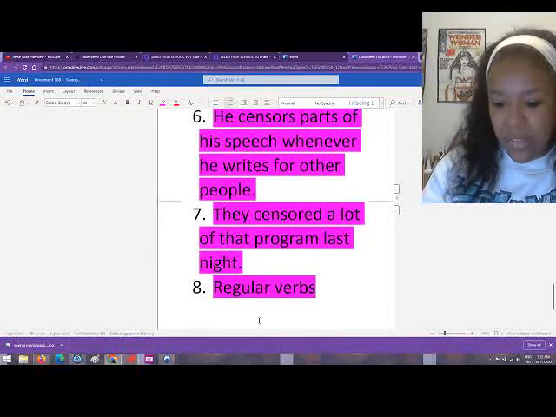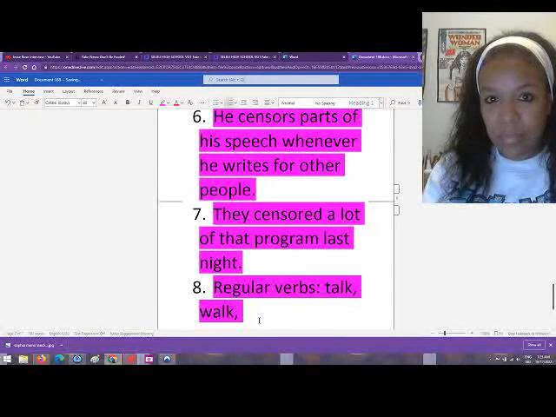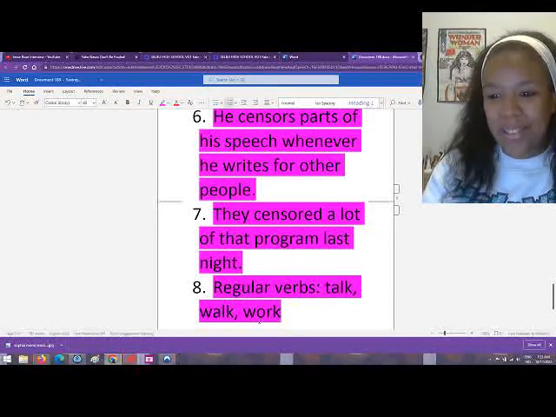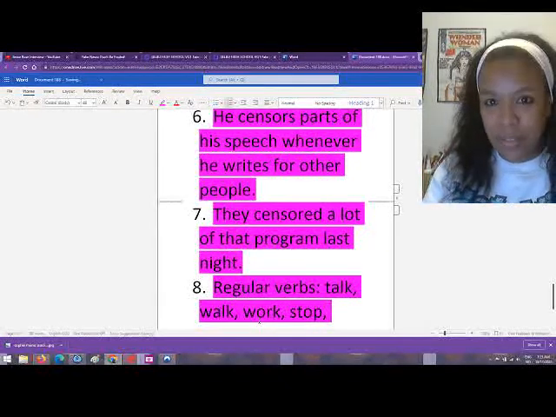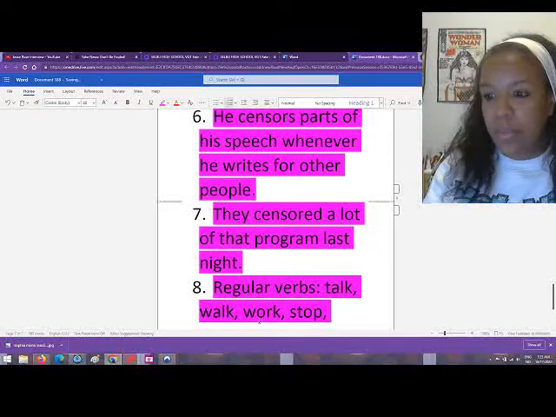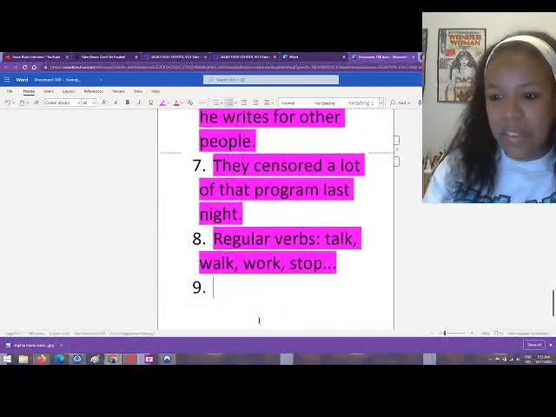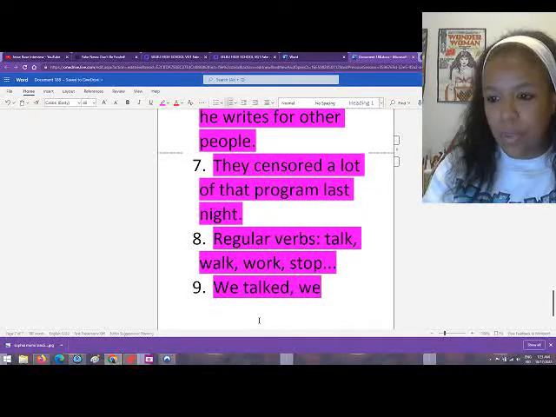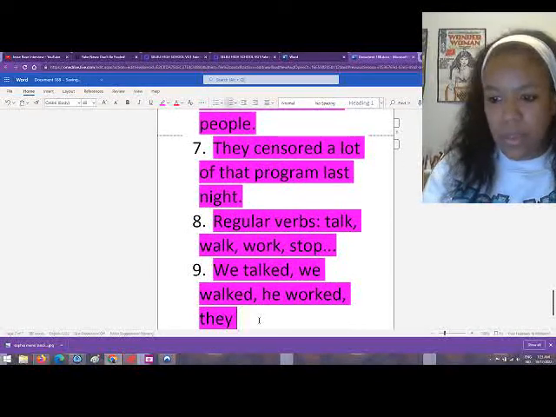Regular verbs. Talk, walk. What else? Work, stop. Those are regular verbs. So what happens to those, we say we talked, we walked, he worked, they stopped.